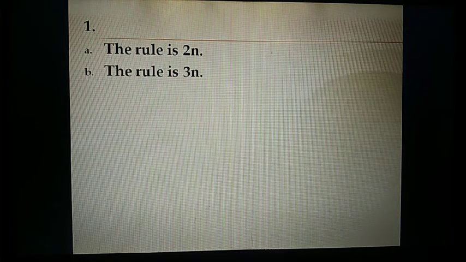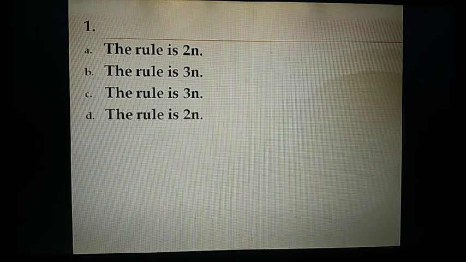So the general rule for the first one will be 2n. Moving to the second, the pattern of letter Z. Here 3 lines are there, so the rule is 3n. Next it's U. Again 3 lines are there, so the rule is 3n. Now 2 lines are there, so the rule is 2n.